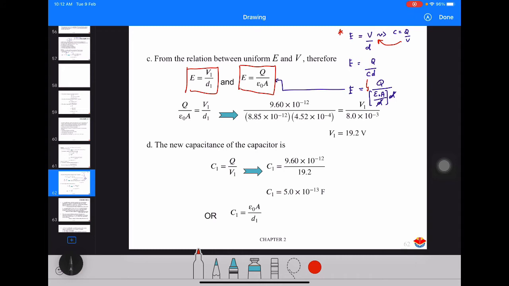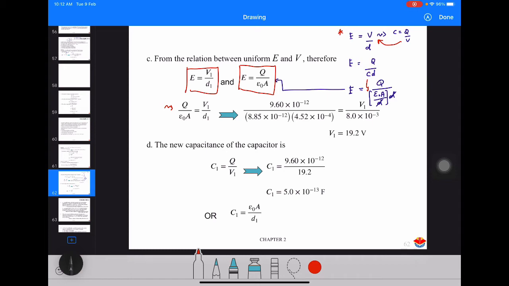And then since I have both V over D equals Q over epsilon naught A, I can equate those two, like what they did over here. Once I have that, I just have to substitute all the values. Q is constant, same with the A. Epsilon naught is 8.85 times 10 to the negative 12. It still remains the same because that one is still air, doesn't have any dielectric material.